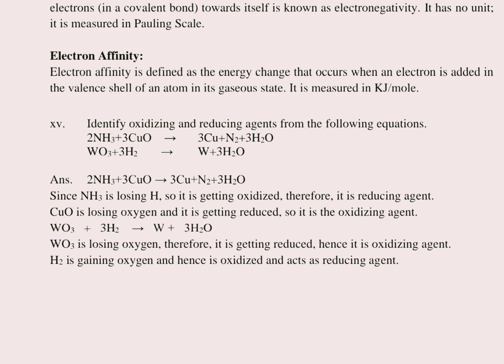If loss of oxygen is reduction, then its own reduction is happening, so it acts as an oxidizing agent. So copper oxide is an oxidizing agent. And ammonia releases hydrogen and is converted into nitrogen. So hydrogen loss means oxidation, so ammonia acts as a reducing agent.